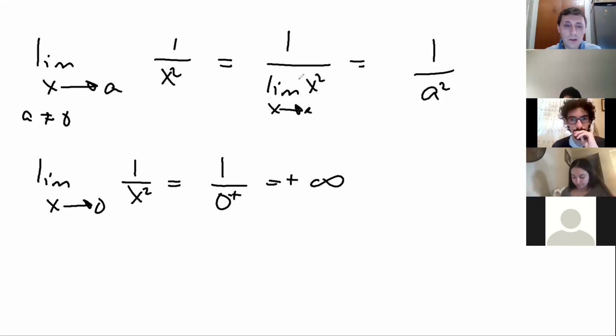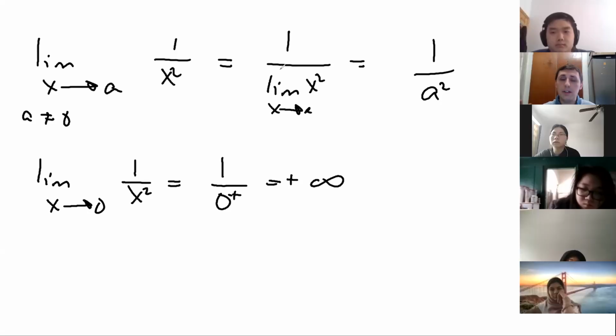So the answer here is plus infinity. So the limit does not exist. Do you agree? Plus infinity means neither the left nor the right limit exists. So right away, the function is discontinuous. You understand what happens here? It means that the graph is getting ever so steeply up from both directions, from 0 minus and from 0 plus.